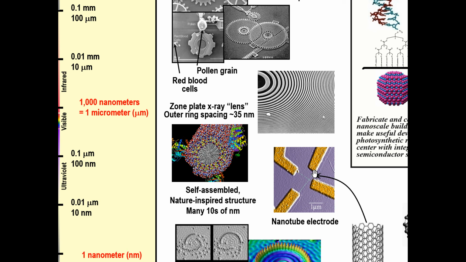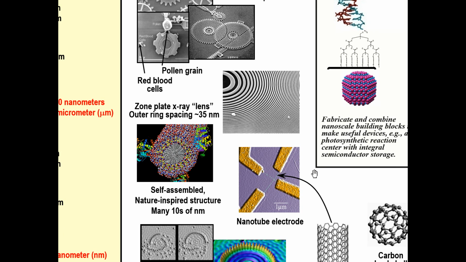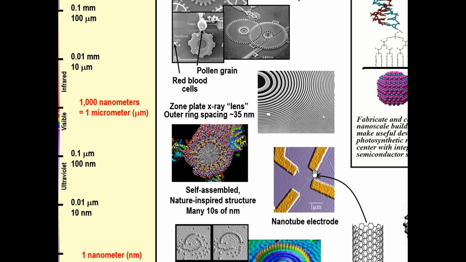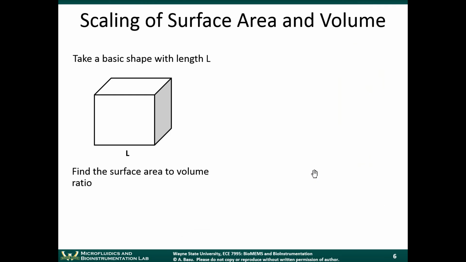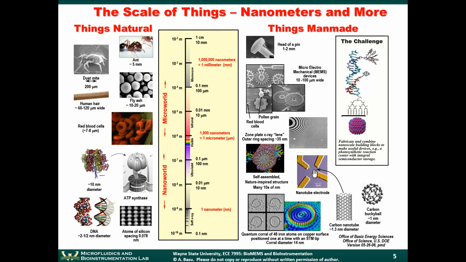And they can use those nanotubes as sensors. People have even proposed making transistors out of those. So that's one way that we can make devices that are down to the micrometer scale.